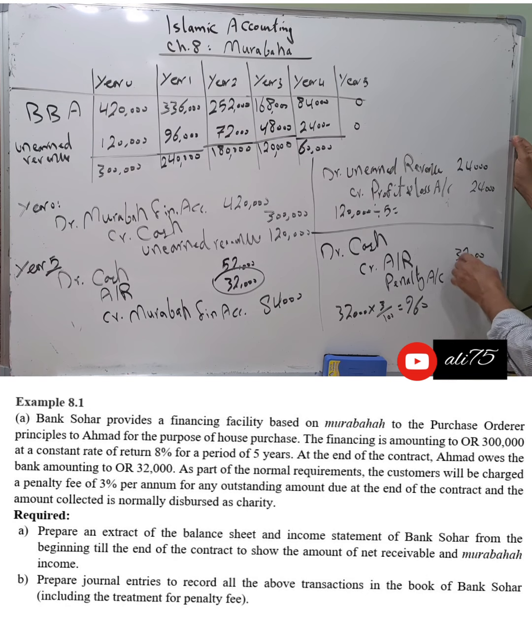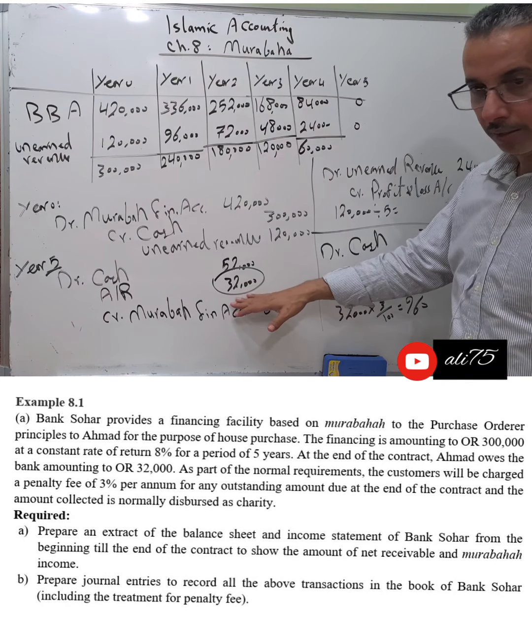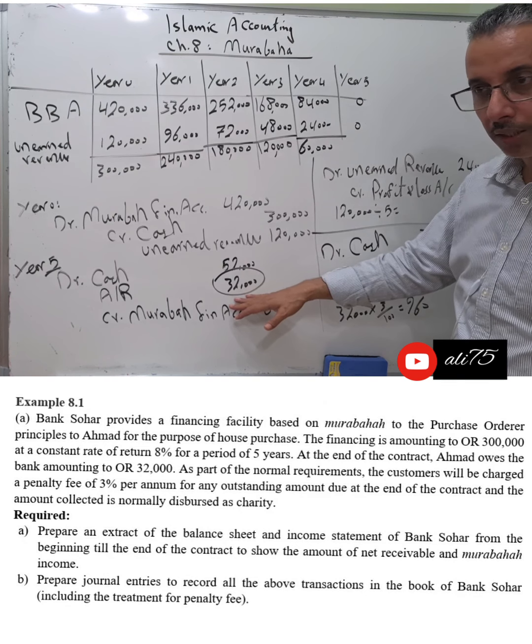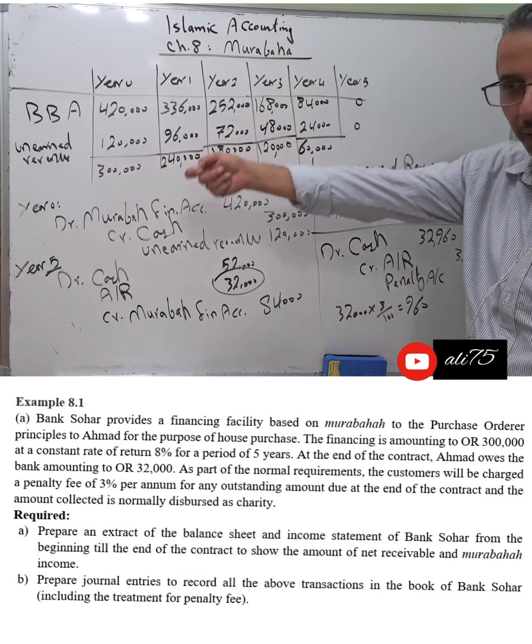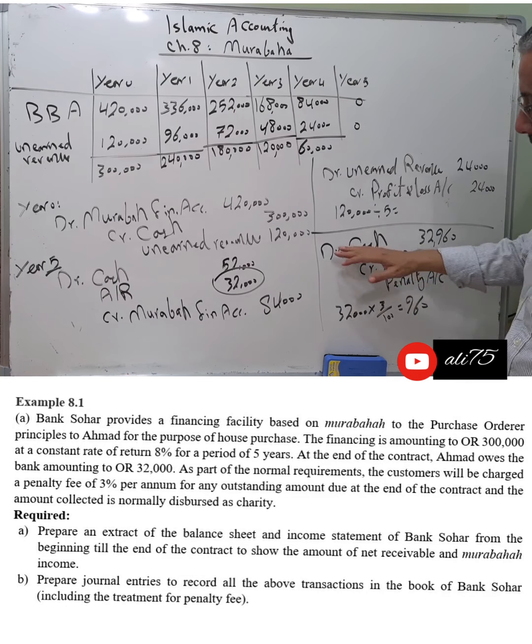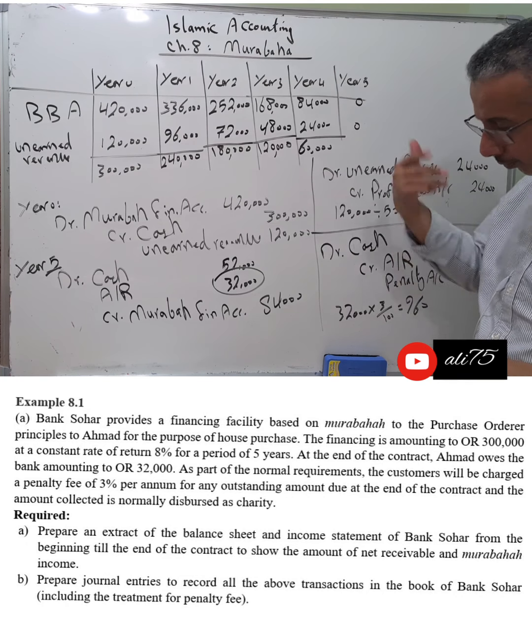So he has to pay the 32,000 plus 960. So we request him to pay these two amounts, 32,960. The total of the owed amount plus the penalty amount. And the penalty amount, when we pay it to the charity later, we'll put it in the debit and credit cash later on.